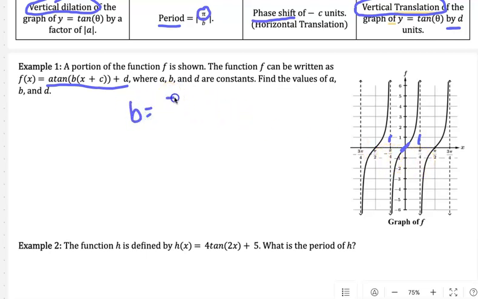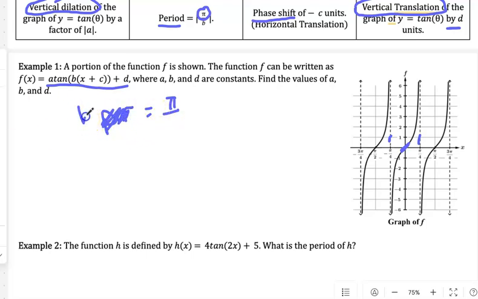So my b value is the main tangent period divided by... let me rephrase this actually. The period is going to be written as pi over b. Period equals pi over b. B equals pi over period. That's what we want to do.